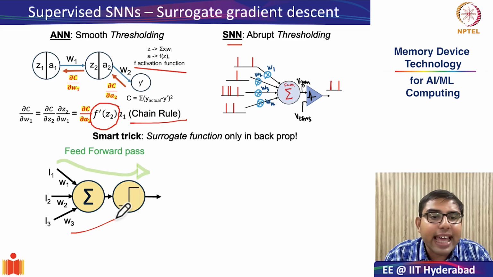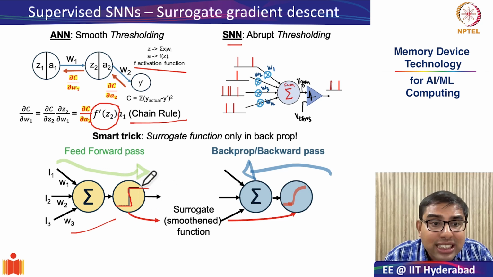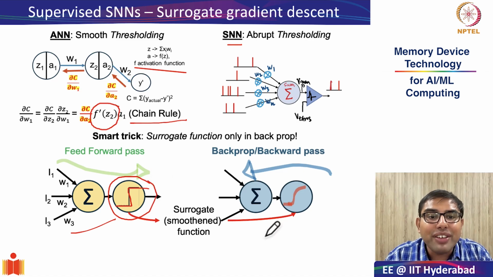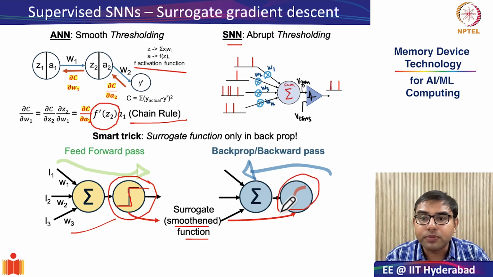Each neuron is characterized by the abrupt thresholding function. But when it comes to backpropagation, you just keep everything the same and only replace this abrupt thresholding function with a surrogate or a smoothened function during the backward pass or the backward propagation stage.